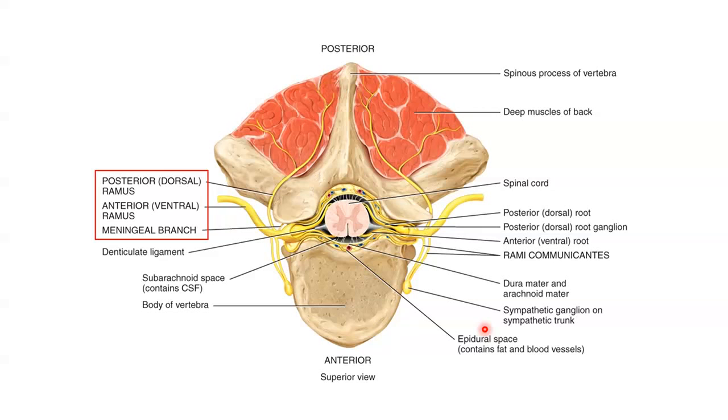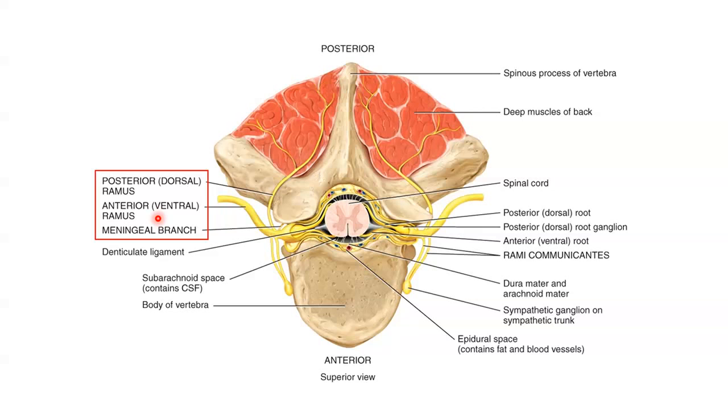These branches are known as rami, or ramus as the singular. So we have a posterior ramus, which innervates the deep muscles and the skin of the posterior surface of the trunk, so the back of your body. The anterior ramus serves the muscles and structures of the upper and lower limbs, as well as the skin on the side and the front surfaces of your body.